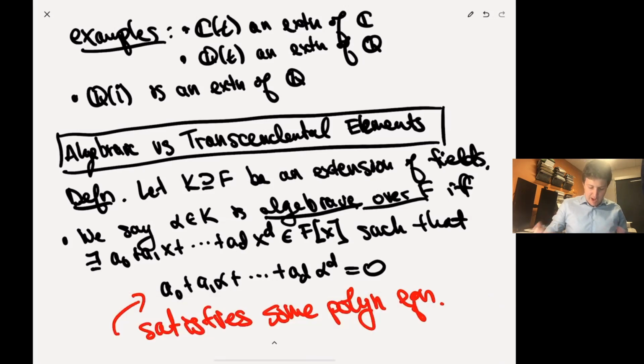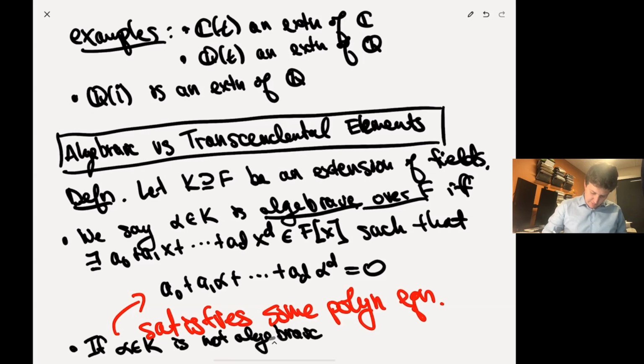The opposite of algebraic is transcendental. So if alpha in K is not algebraic, it is called transcendental.